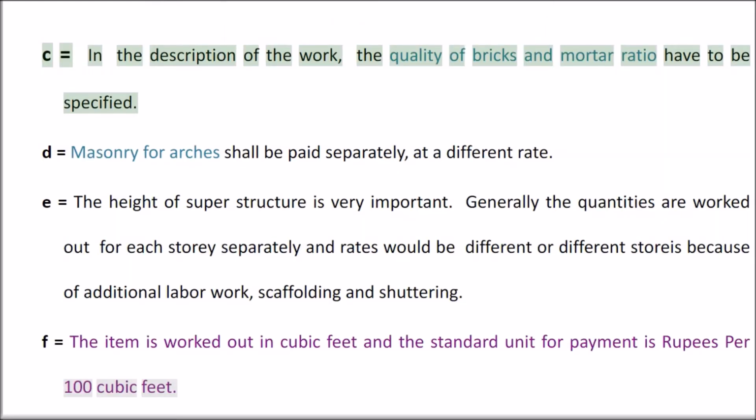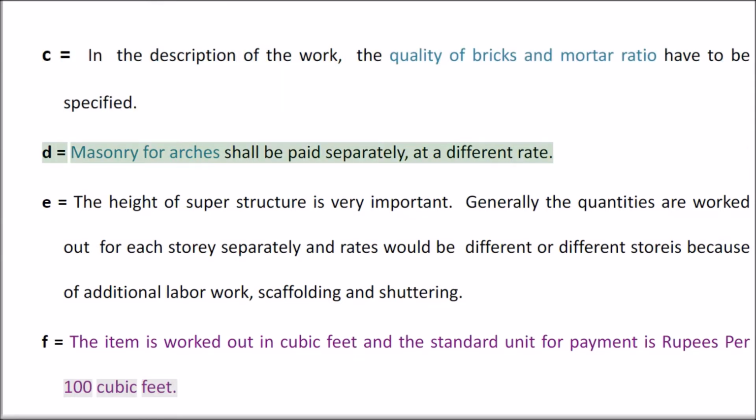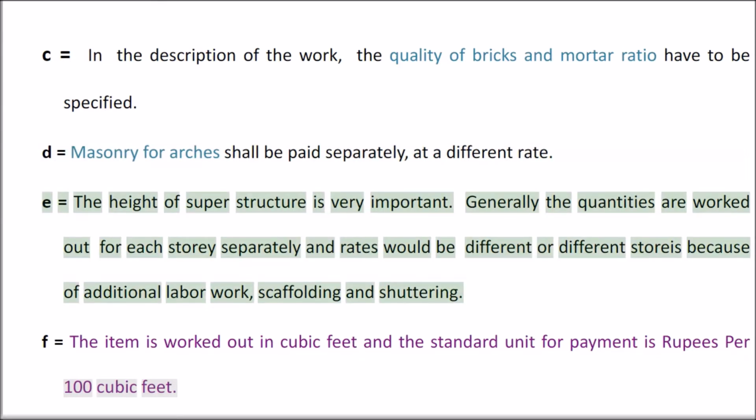C, in the description of the work, the quality of bricks and mortar ratio have to be specified. D, masonry for arches shall be paid separately, at a different rate. E, the height of superstructure is very important.